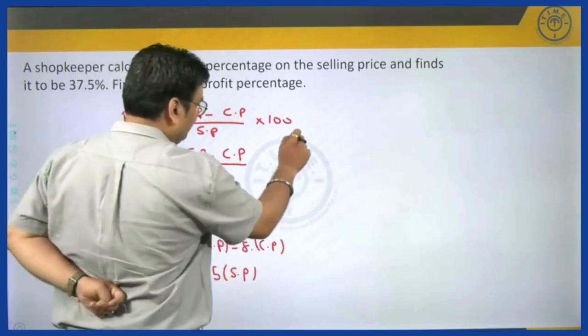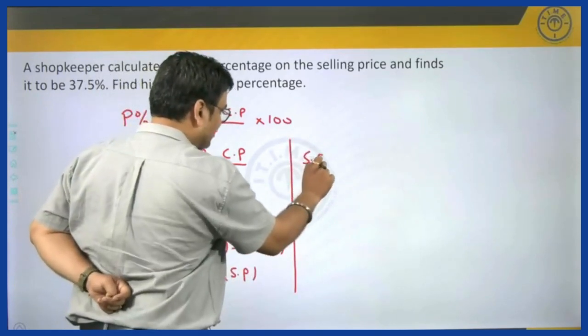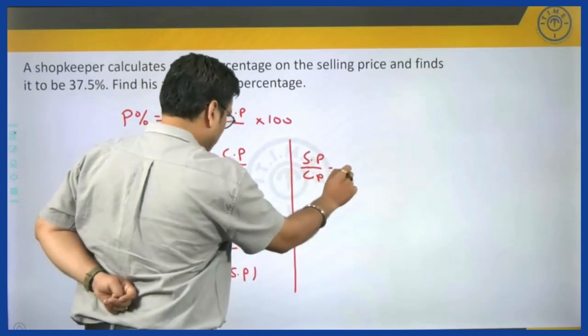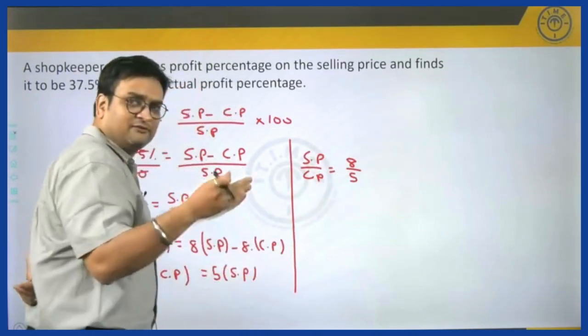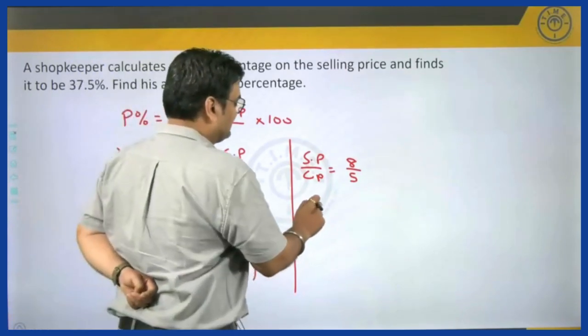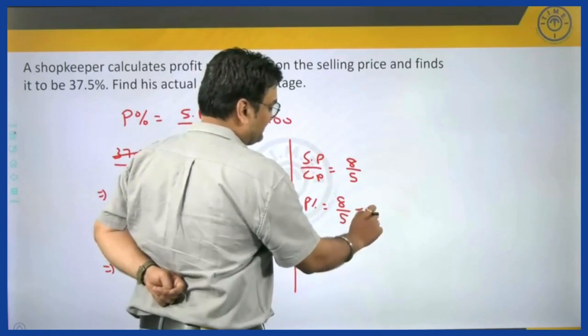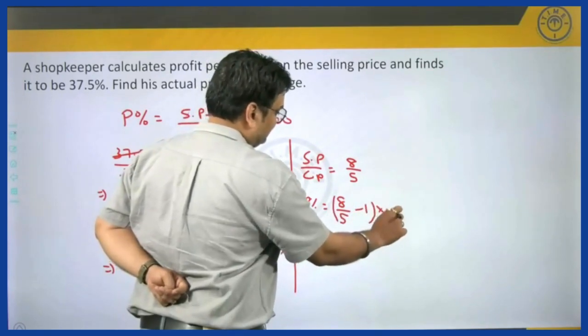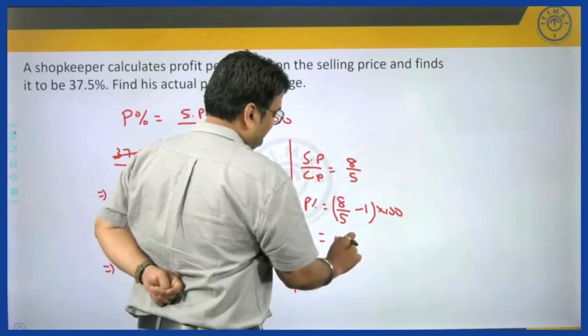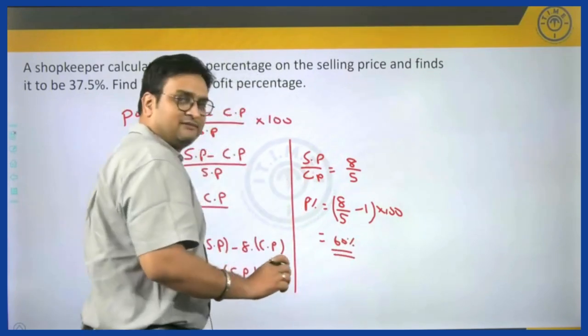From this, we can get the ratio of SP by CP as 8 by 5. And once you get the ratio, we can calculate the actual profit percentage as selling price by cost price minus 1 into 100. So when you solve this, we shall get the answer as 60%.